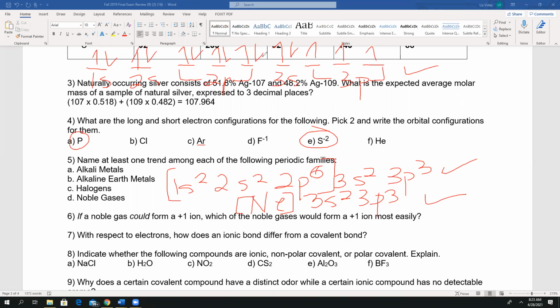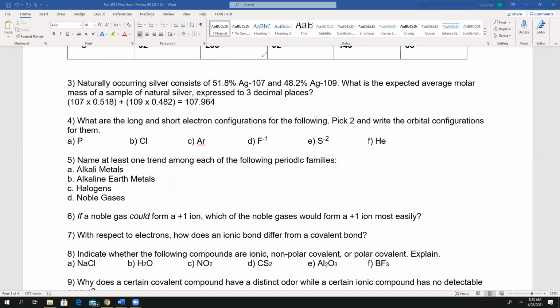Okay. Now let me clear that and do the one for sulfur. But sulfur itself would be 1s2, 2s2, 2p6, 3s2, and 3p4.